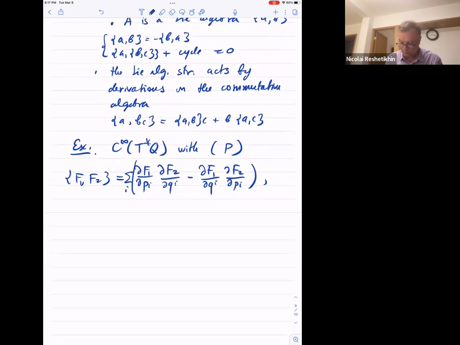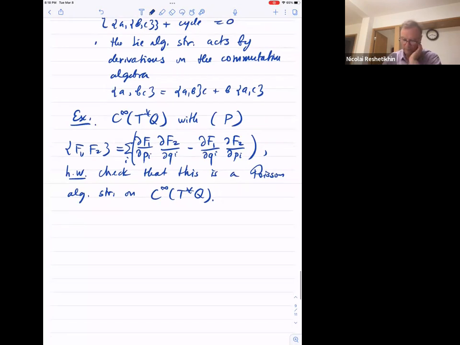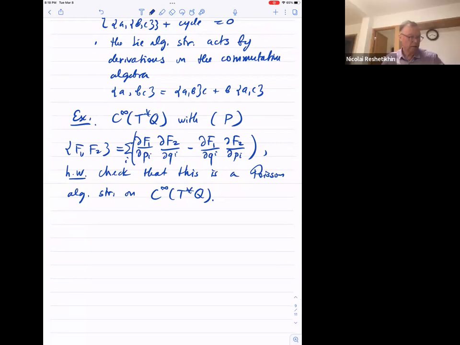Okay, so homework: check that this is a Poisson algebra structure on C infinity of T star Q. Okay. So, any questions?